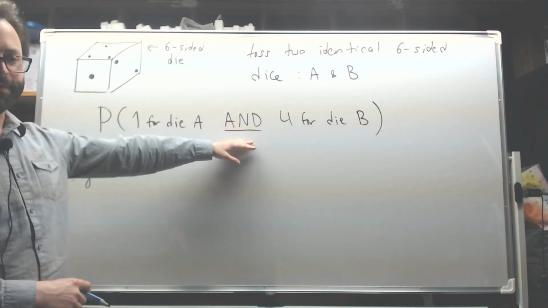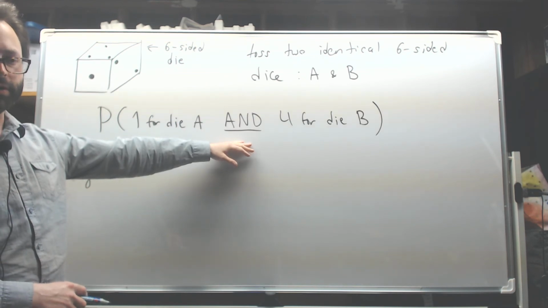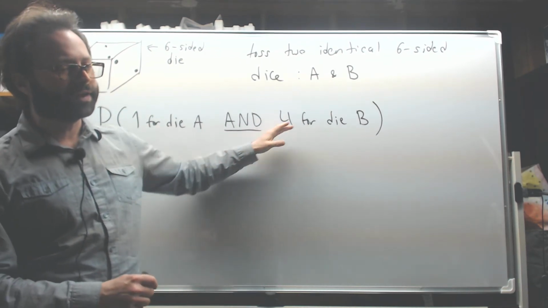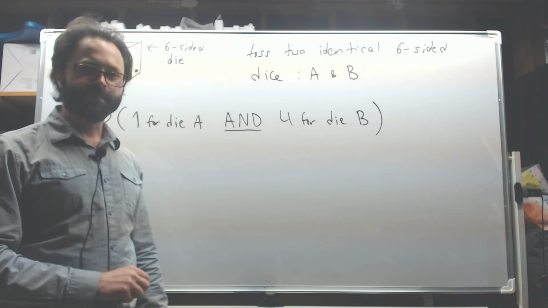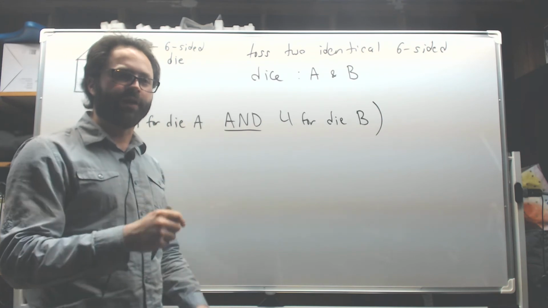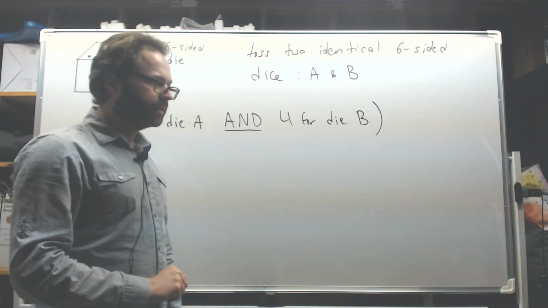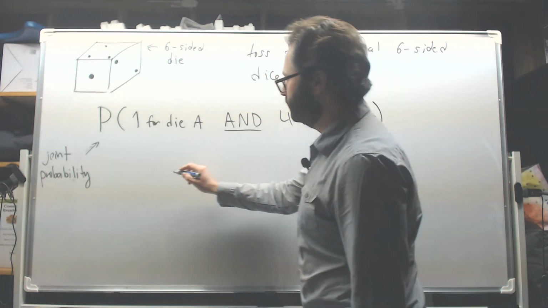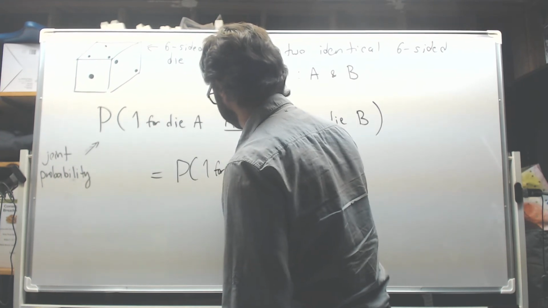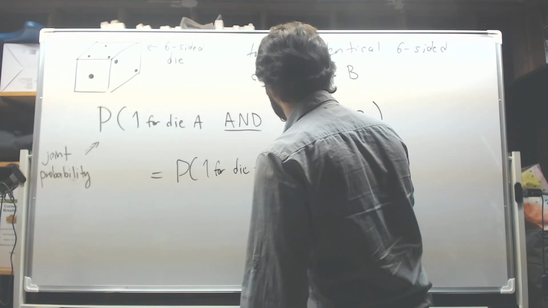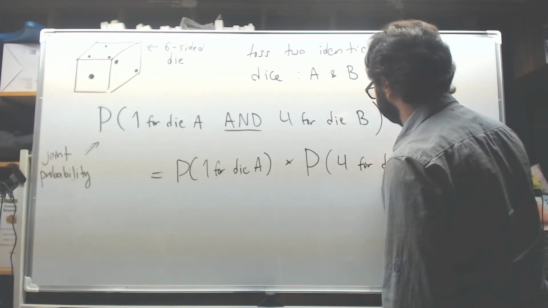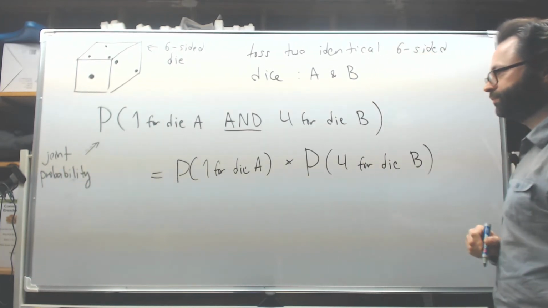The rule is that if the probabilities are independent, uncorrelated, the probability for the conjunction, for the joint operation, for the two events simultaneously, or in the same trial of two die throws, now a single trial is being thought of as two die throws, is a product of the probability that 1 is obtained for die A times the probability that 4 is obtained for die B. It's a product.